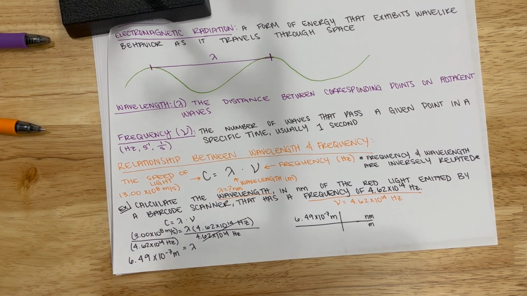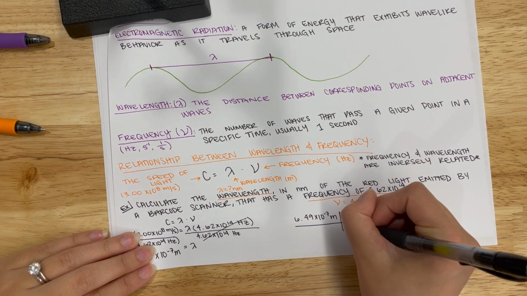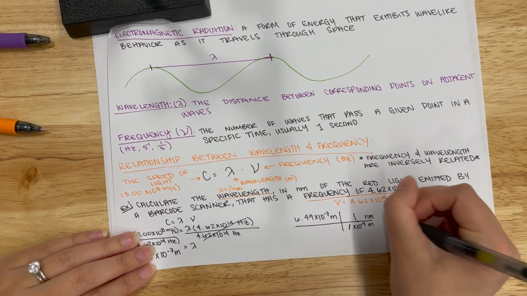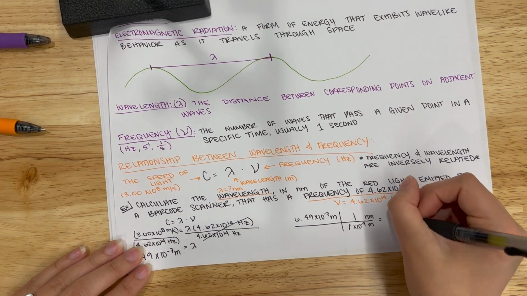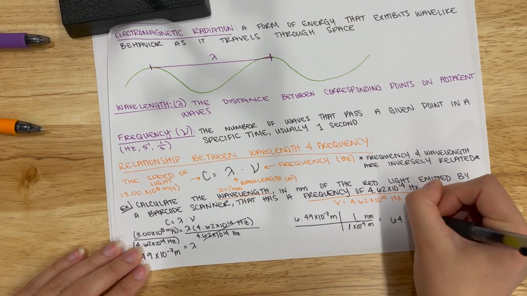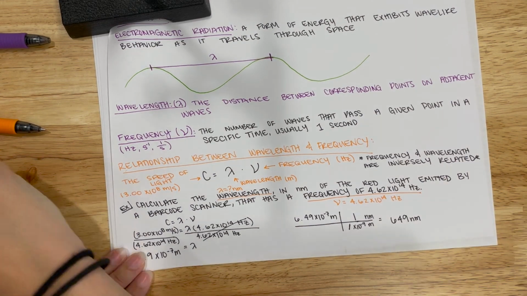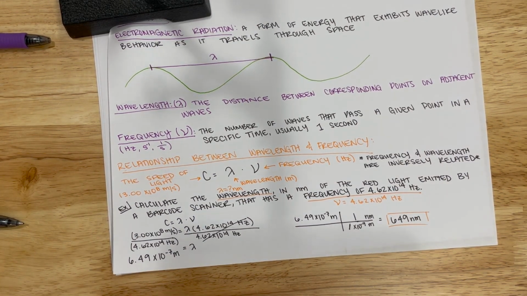It's a very similar prefix. And in 1 nanometer, there is 1 times 10 to the negative 9 meters, which means, once again, use parentheses when you plug in. This is 649 nanometers. There's your final answer. You can box it, you can sig fig it, you get 3, and you should be good to go.